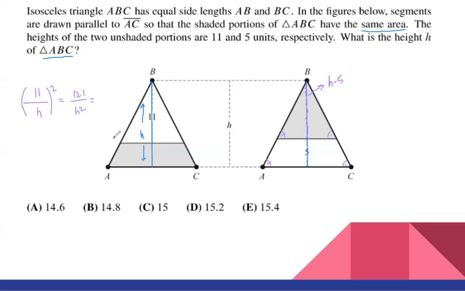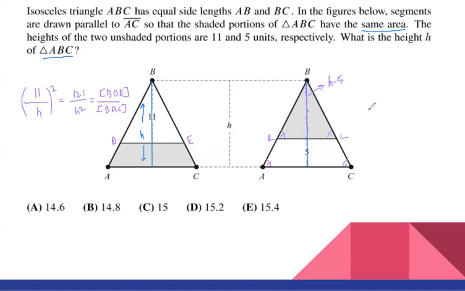Maybe I should write it. Let's say this is DE, and I'm going to call this KL. So the area of BDE over the area of ABC, or BAC, whatever, I'm going to write in the same order, BAC. I'm going to leave it for now.